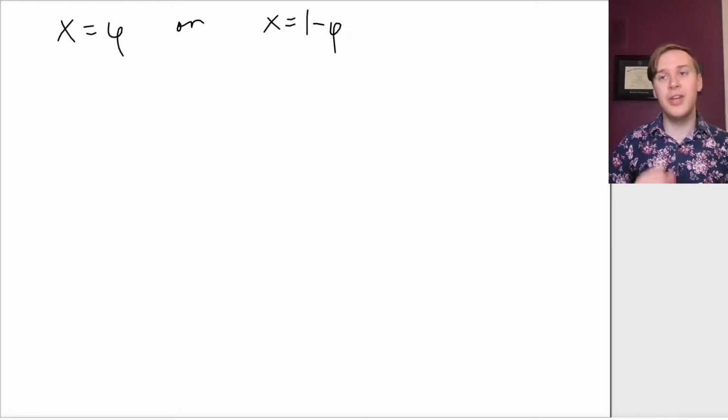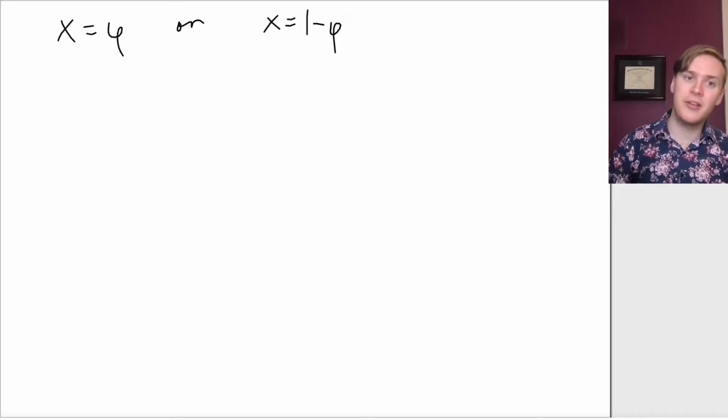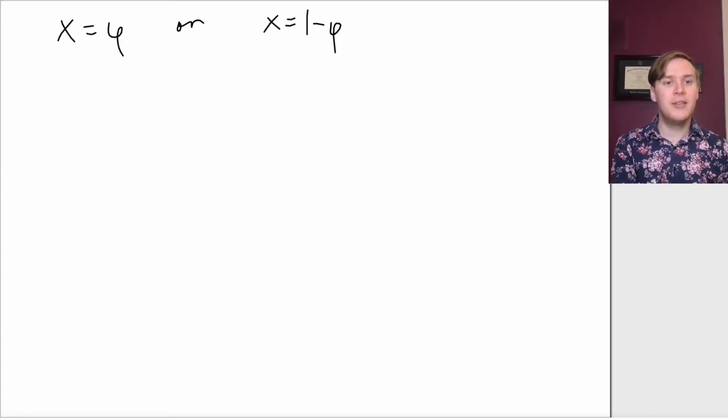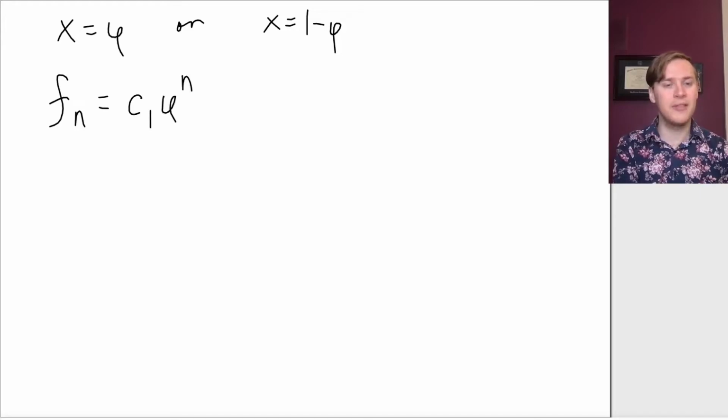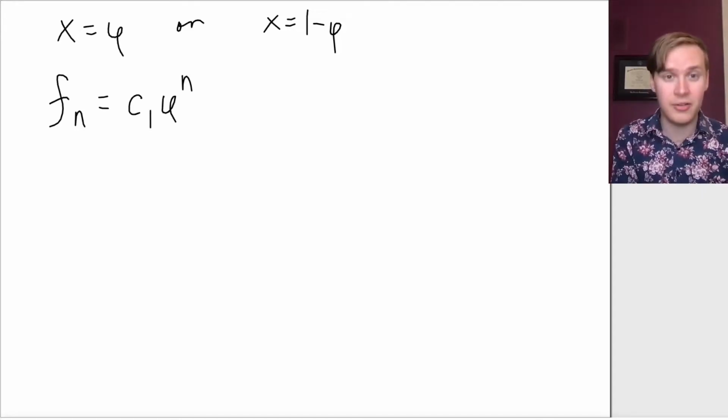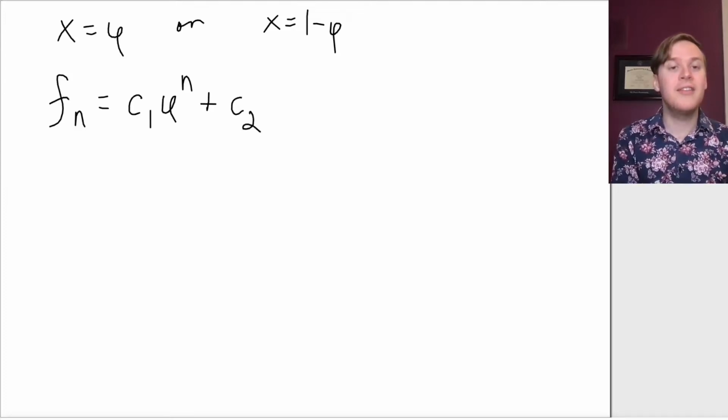It can be shown, now that we've solved this characteristic equation, that the explicit formula for the sequence is equal to some kind of constant, we'll just call it C1, times phi to the nth power. Phi is the first solution to our characteristic equation, plus C2, a second constant, times 1 minus phi, quantity 1 minus phi to the nth power.